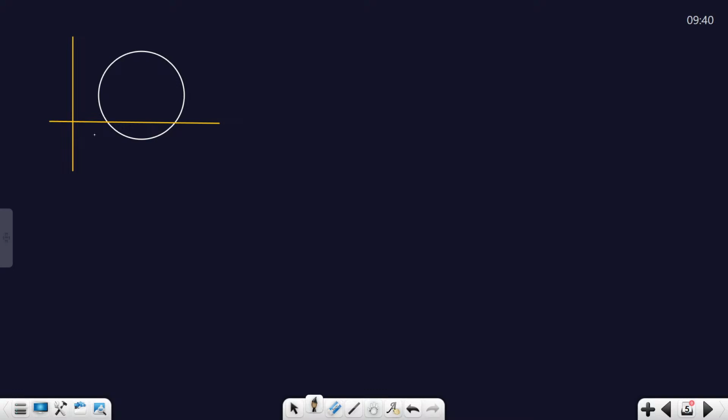Let us say this point is x1 comma 0 and this is x2 comma 0. Correct. So this intercepted length is basically 2 root over g square minus c, and the equation of the circle is the general form.